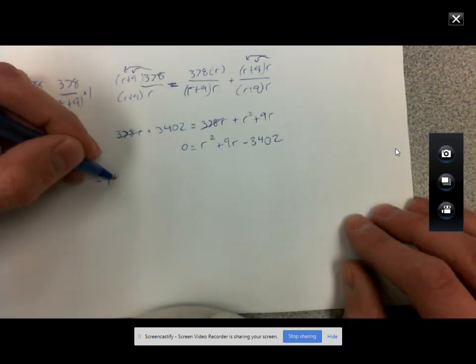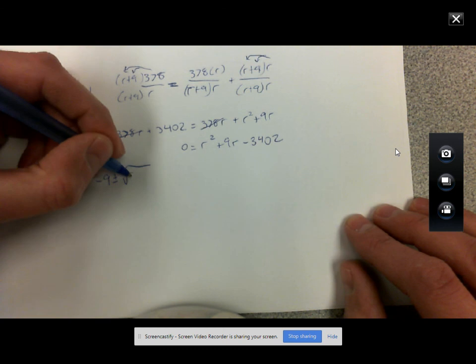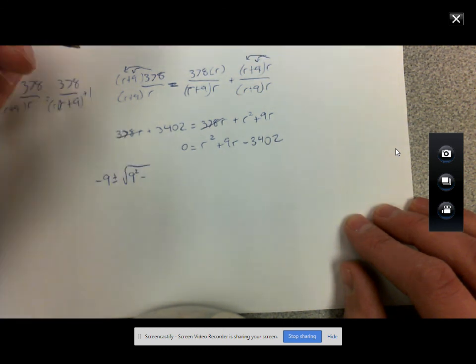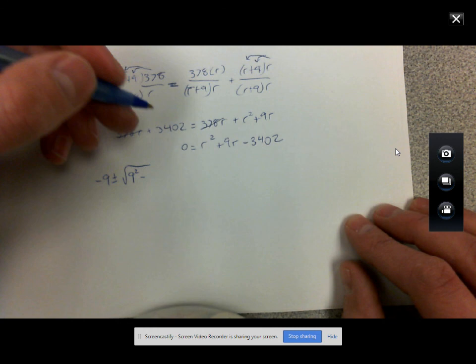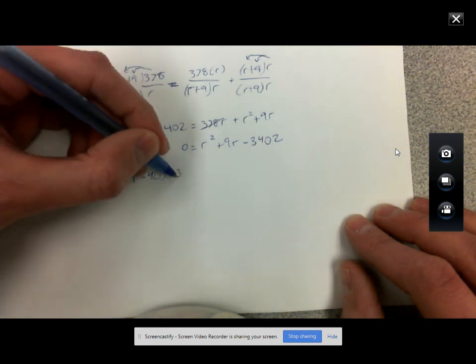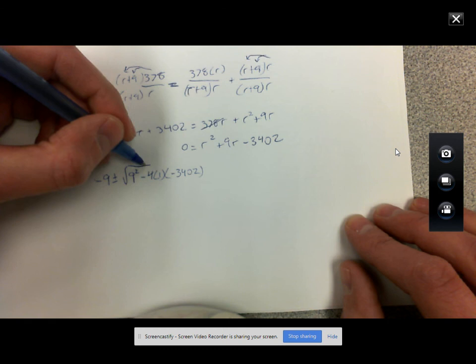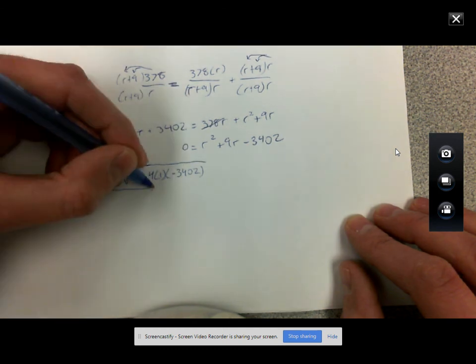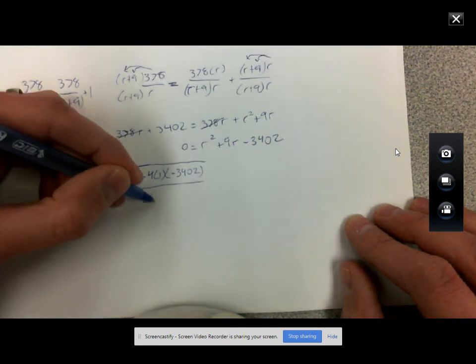Opposite of b plus or minus the square root of b squared, I could have used completed the square, but I'm not going to. Minus 4 times a times c all over 2a.